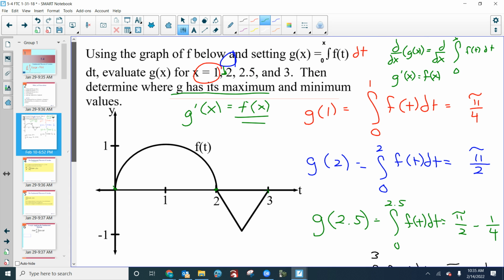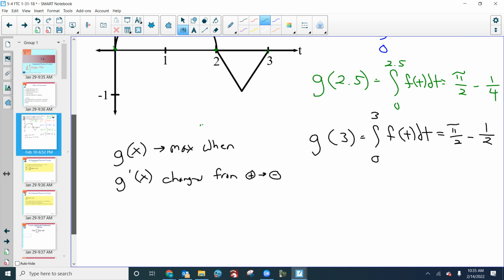I didn't ask it, but would you be able to identify where G has a point of inflection? Wouldn't we look to G double prime? And G double prime equals F prime. And we want to see where G double prime changes sign.